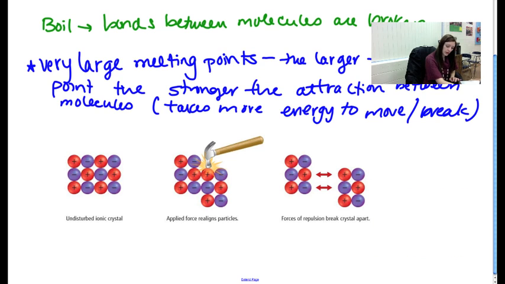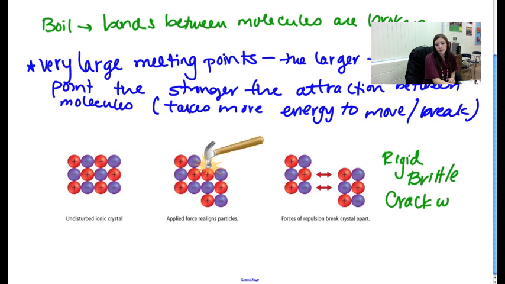Now we're going to look at hardness. Ionic compounds are very rigid, which means they're very set in their ways. This makes them very brittle, and they tend to crack when hit, because I have this nice repeating pattern.